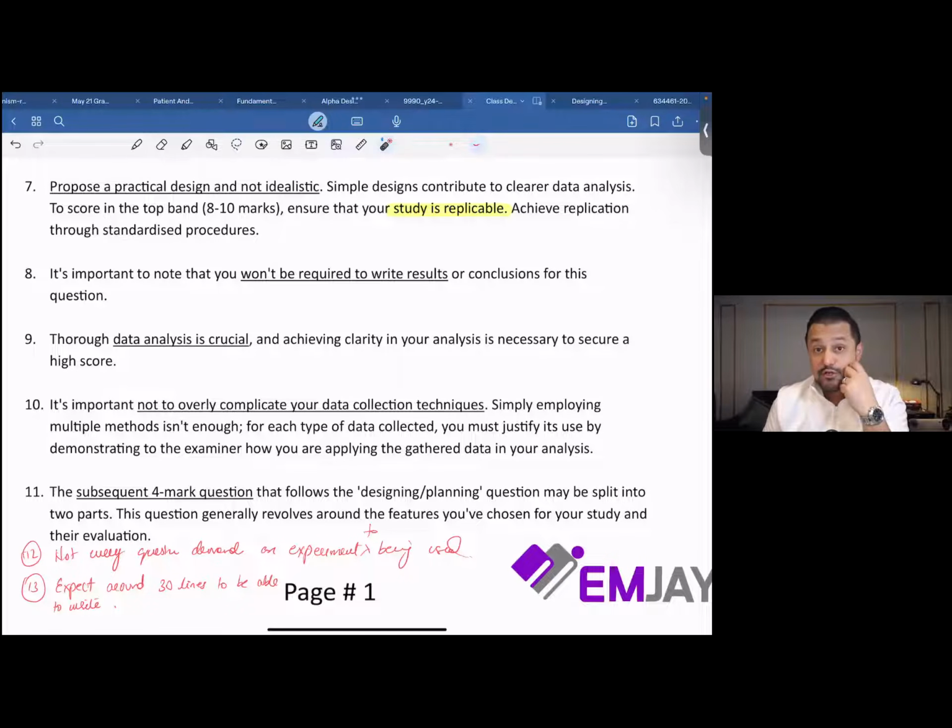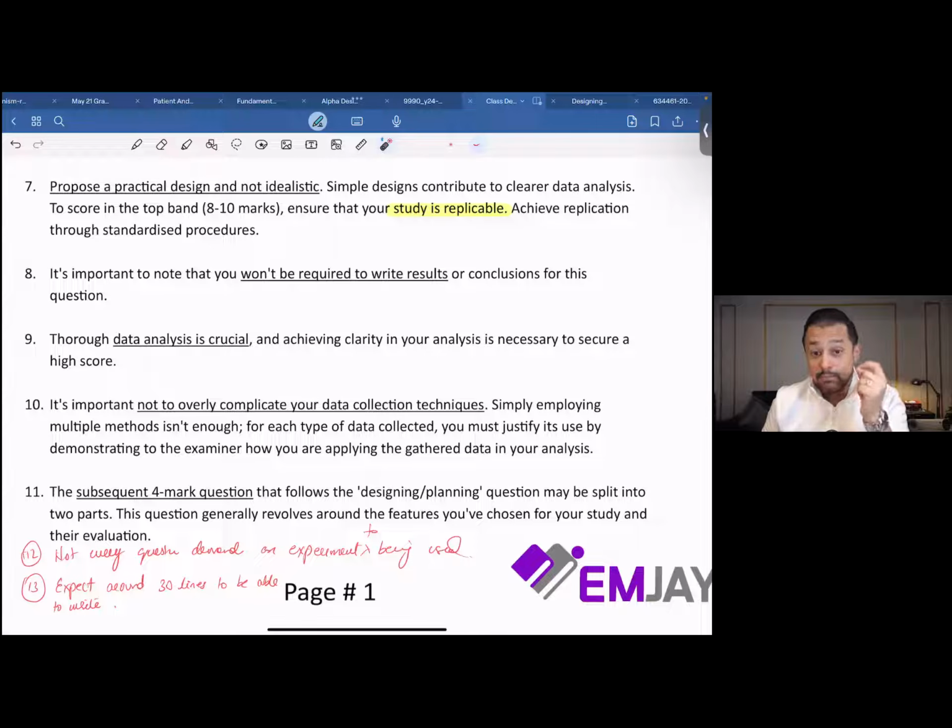What many students tend to do is bring in stuff from here, there, and everywhere, and then just leave it there. Don't do that. If you plan on collecting data through multiple data collection techniques, ensure that you're being very clear about how that data would eventually be put to use.